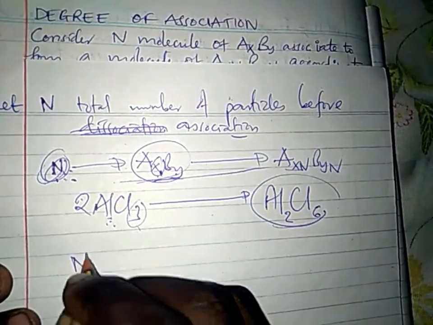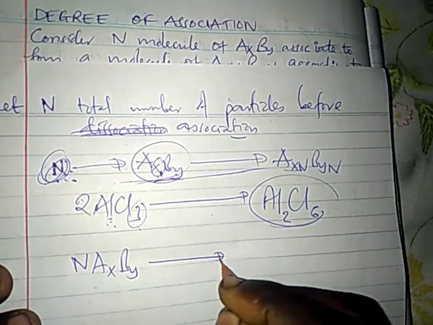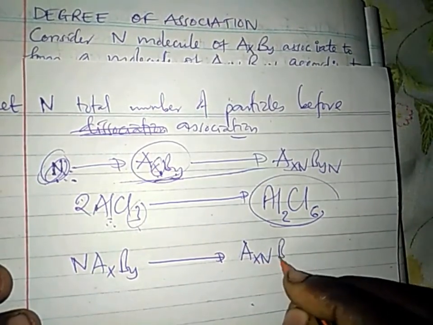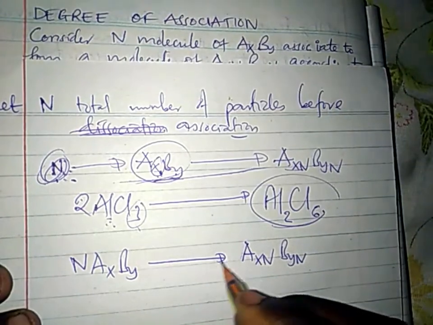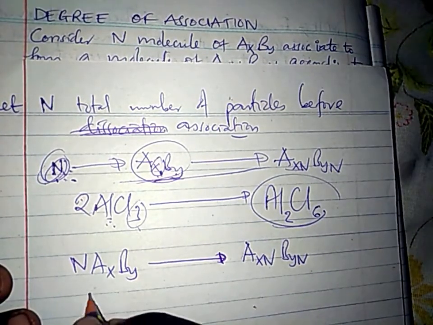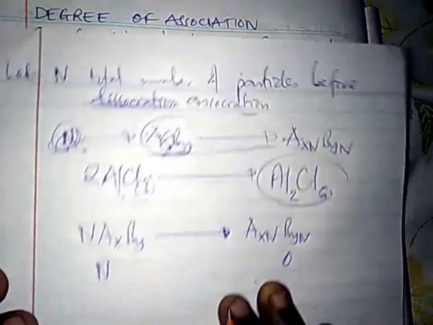So we have the N A X B Y, then associate to form A X N B Y N. But in association we must form one molecule. So we have the N molecule here, then here we have 0 before association.